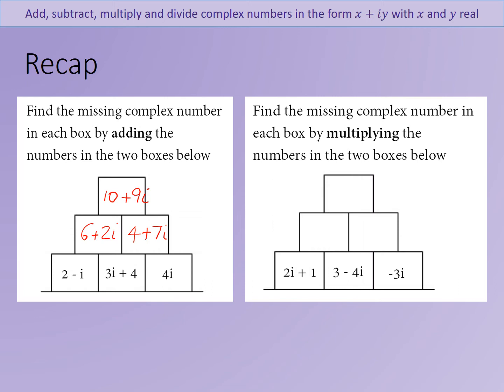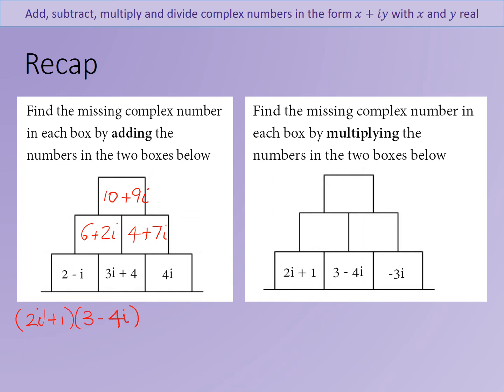Over on the right now, let's do some multiplying. So we are multiplying this complex number by this one. I'll show you my working out down at the bottom. So we have 2i plus 1 multiplied by 3 minus 4i.